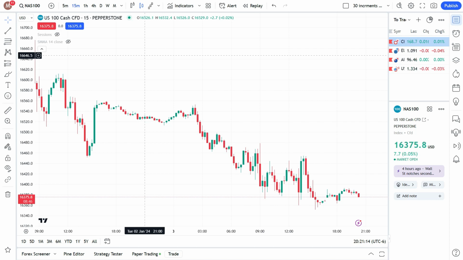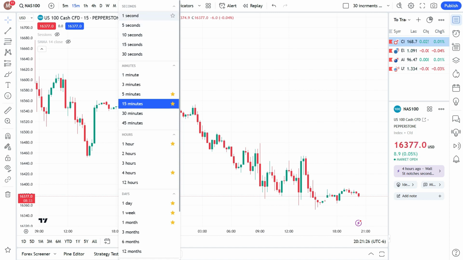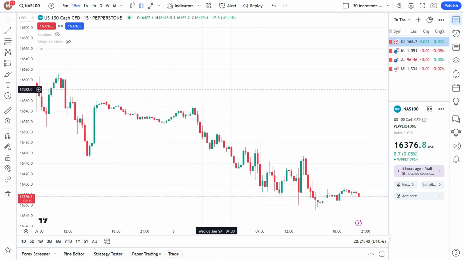But back to the candlesticks, each candlestick represents something different depending on what time frame you're looking at. Right now I'm on the 15-minute time frame, and on TradingView, you can look at the seconds, 1 minute, 3 minute, 5 minute, 15-minute, hour, 2 hours, 4 hours, 12 hours, the daily, the weekly, the monthly, 3 months, 6 months, anything. But right now I'm on the 15-minute.